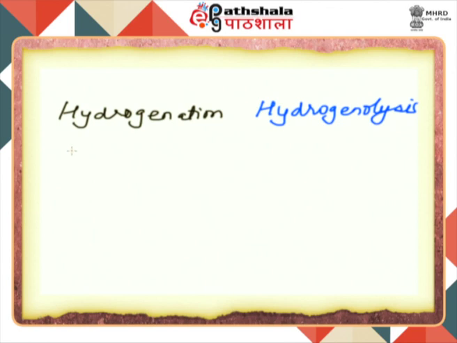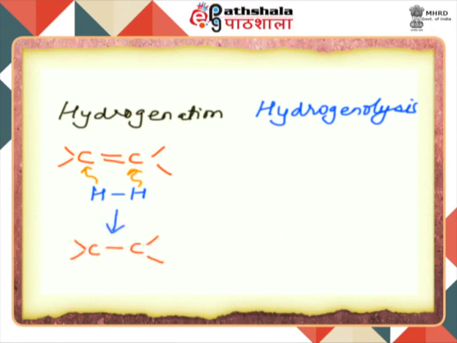In hydrogenation, you are taking a C=C double bond and then adding hydrogen in the presence of a catalyst, and this hydrogen molecule entirely adds to the double bond, and as a result we get the hydrogen which has added to this, as you can notice.